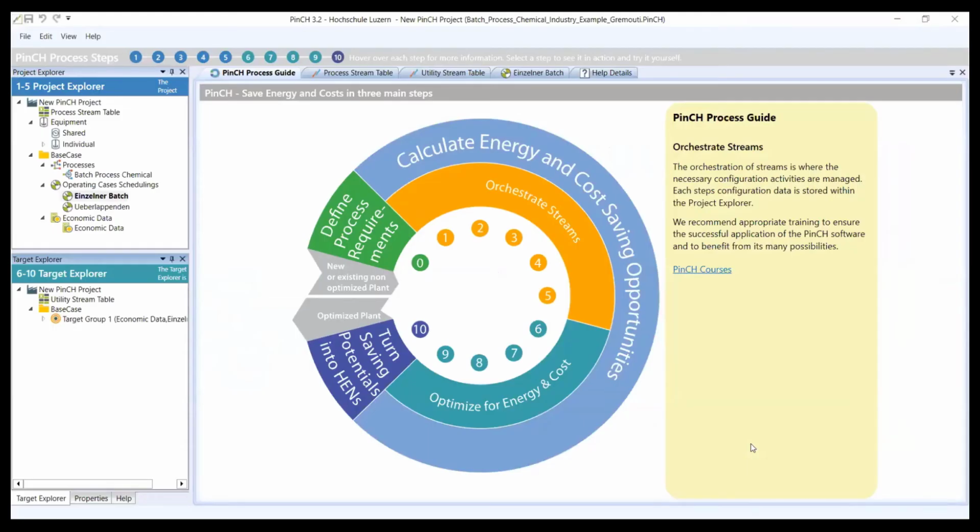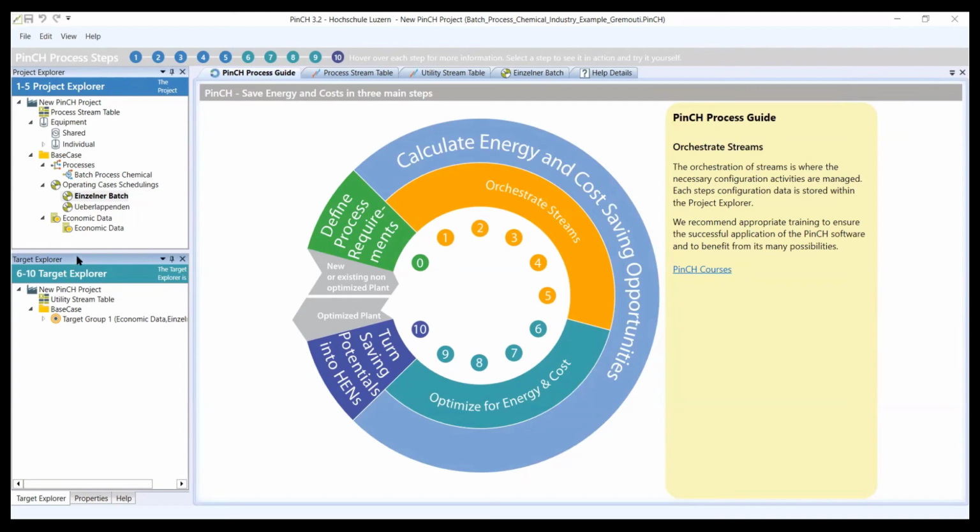Now, here shown is the desktop of the pinch software, and we can see it's divided into several views. On the left-hand side are a series, 2 explorers. The upper explorer, the project explorer, is the definition of the problem and configuration information to define the particular problem.